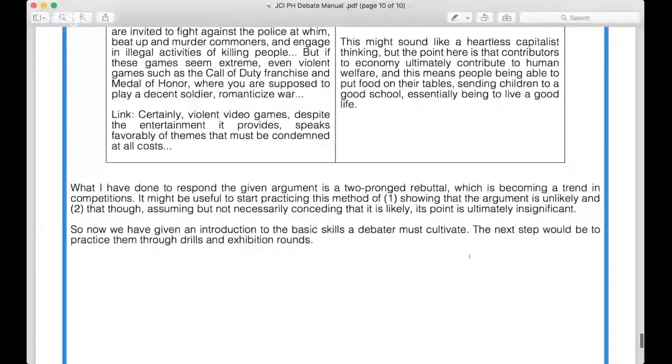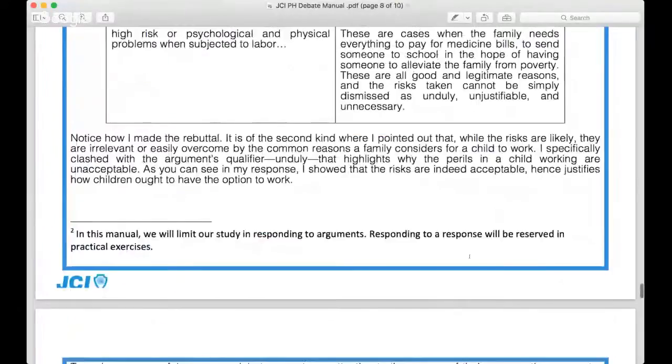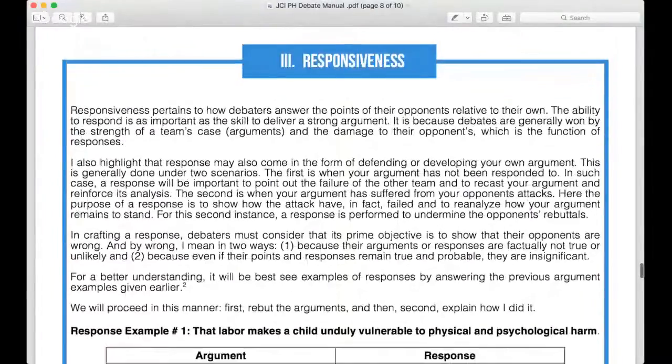The next step is I'm going to share my screen with you so that you can follow quickly and easily. So we're going to talk about responsiveness. As I mentioned earlier, this pertains to how debaters actually answer points of their opponents relative to their own.